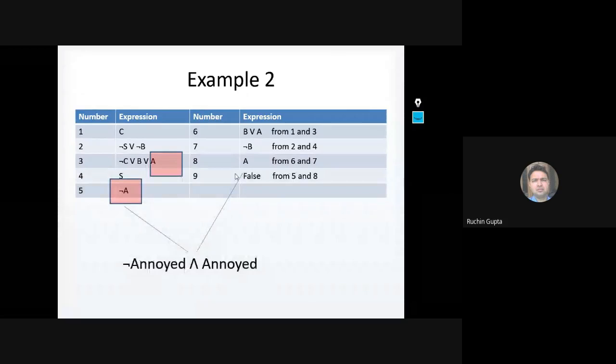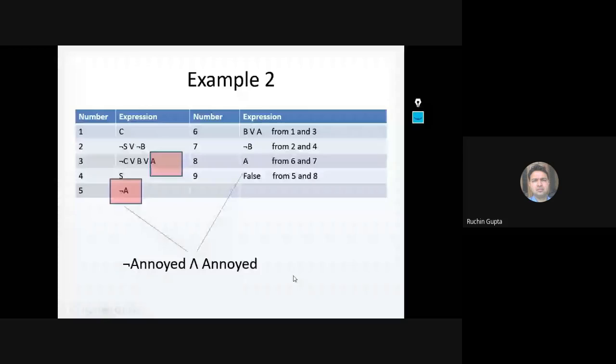So we are getting a false. You know that A and negation of A, and we are taking a logical AND of negation of annoyed and annoyed, is always going to be false. Ultimately from all these statements we are getting a false. It means we are getting a contradiction.